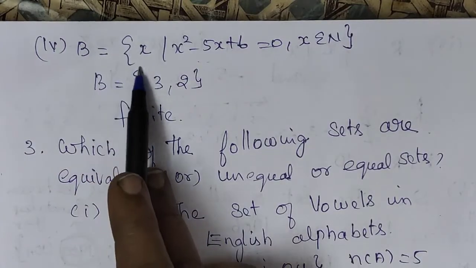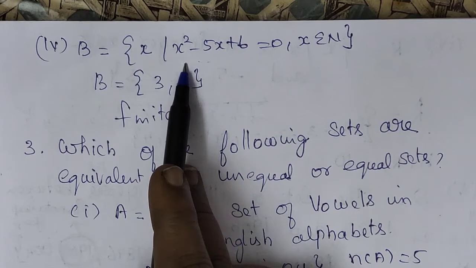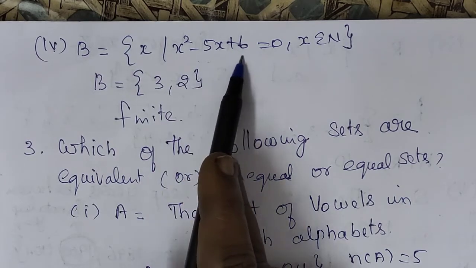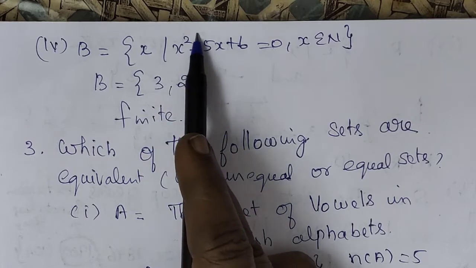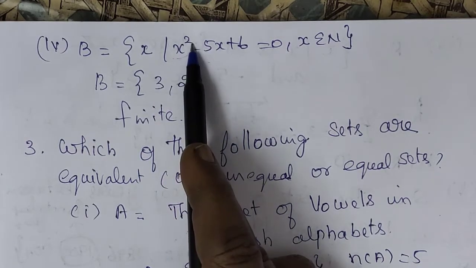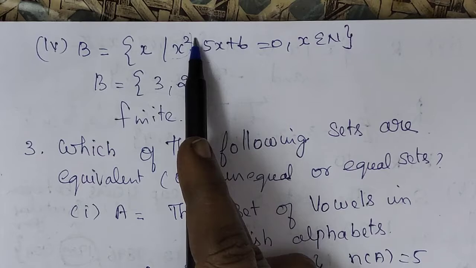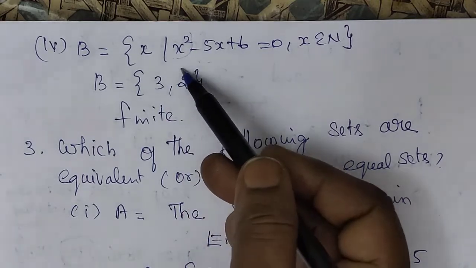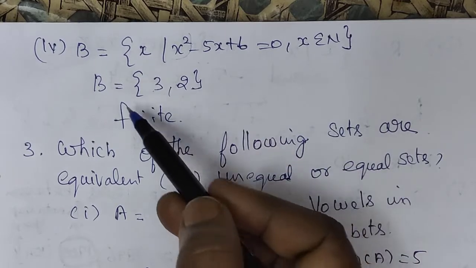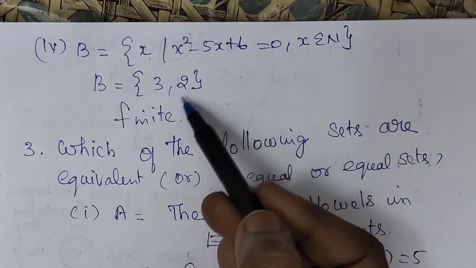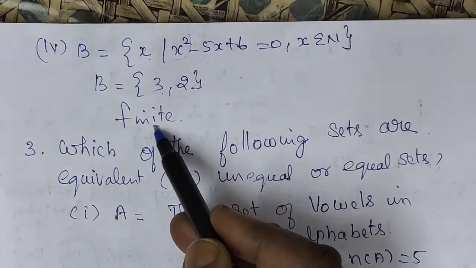Fourth sum, set B equals the set of all x such that x square minus 5x plus 6 equals 0, x belongs to N. It is a quadratic equation. Quadratic means it contains only 2 solutions, 3 and 2. So the value of x is only 3 and 2, so it is finite.